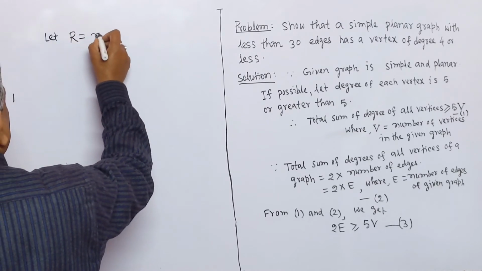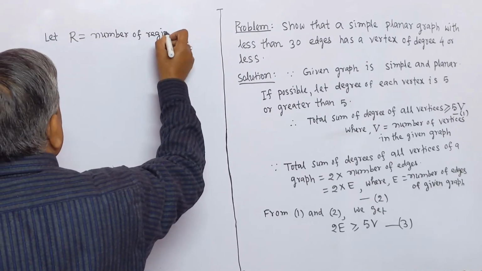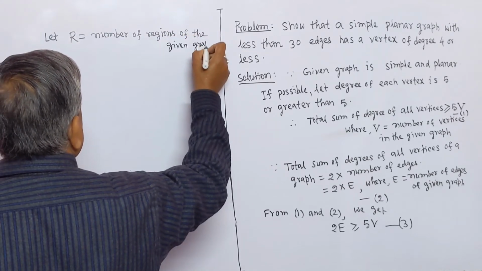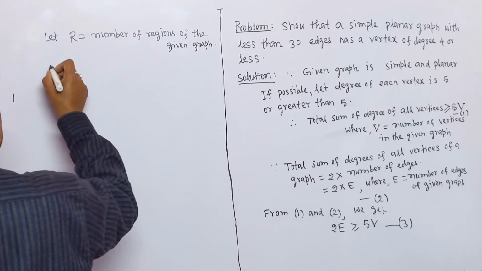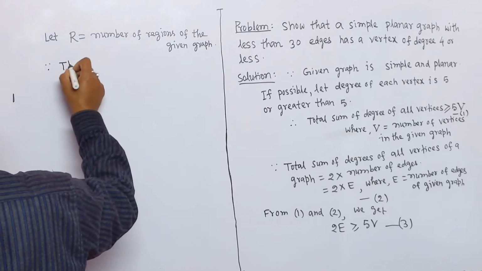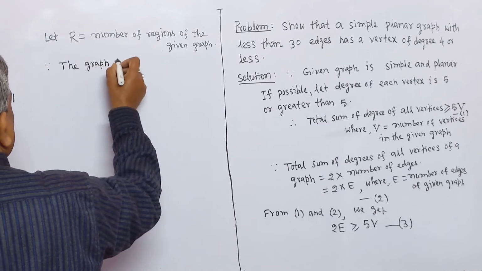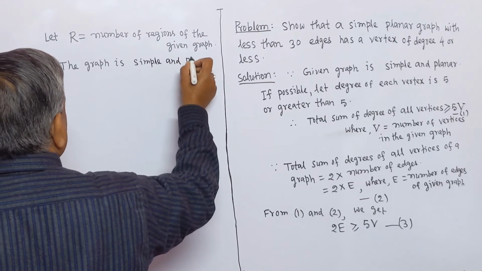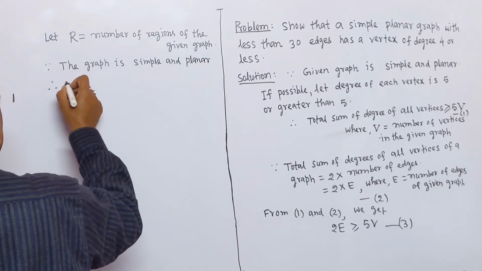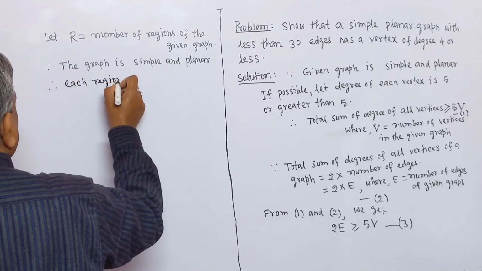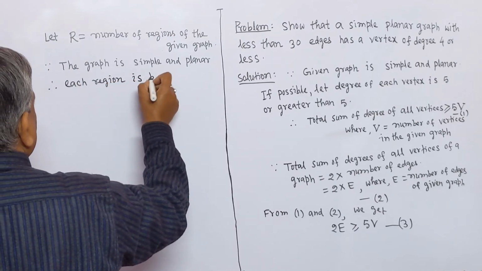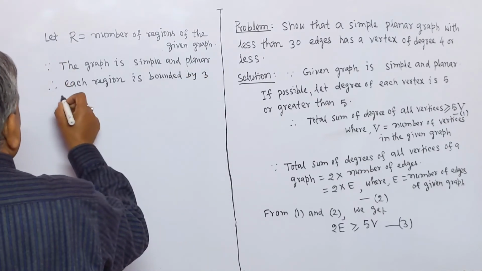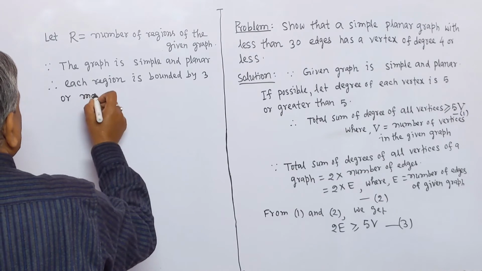Let R equal the number of regions of the given graph. Since the graph is simple and planar, each region is bounded by 3 or more than 3 edges.